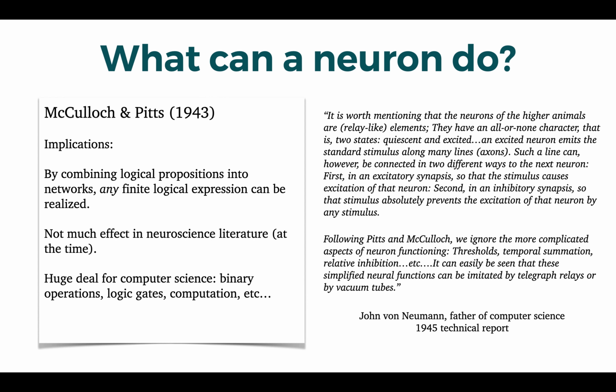First, in an excitatory synapse, so that the stimulus causes excitation of that neuron. Second, in an inhibitory synapse, so that stimulus absolutely prevents the excitation of that neuron by any stimulus. Following Pitts and McCulloch, we ignore the more complicated aspects of neuron functioning, thresholds, temporal summation, relative inhibition, etc. It can easily be seen that these simplified neural functions can be imitated by telegraph relays or by vacuum tubes.